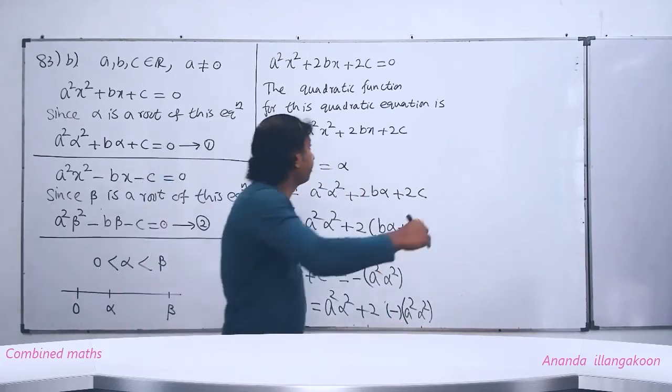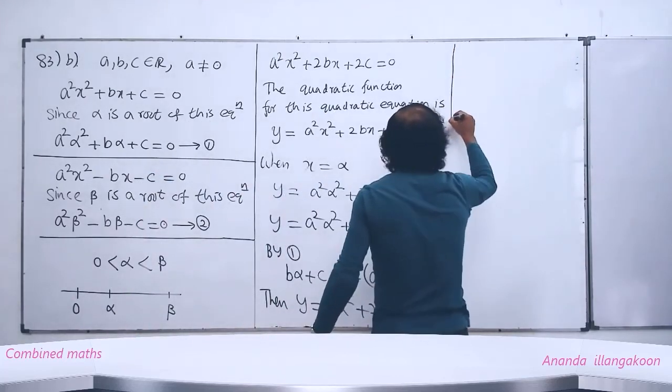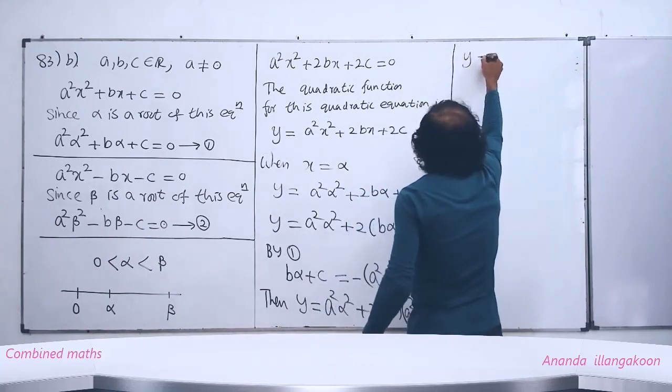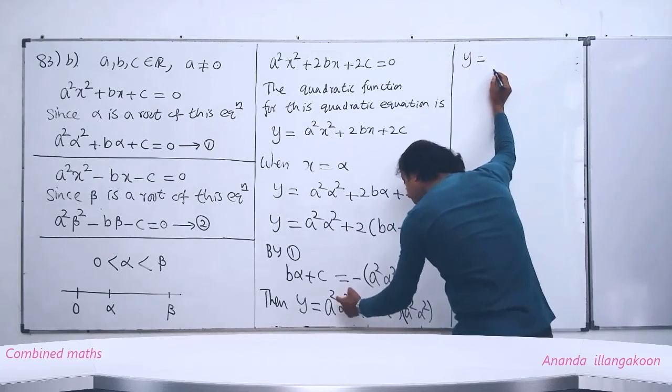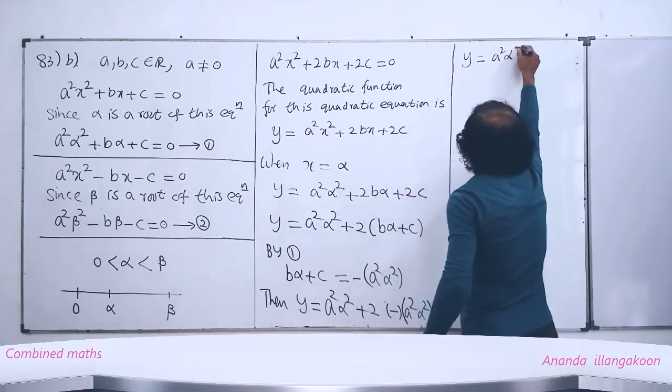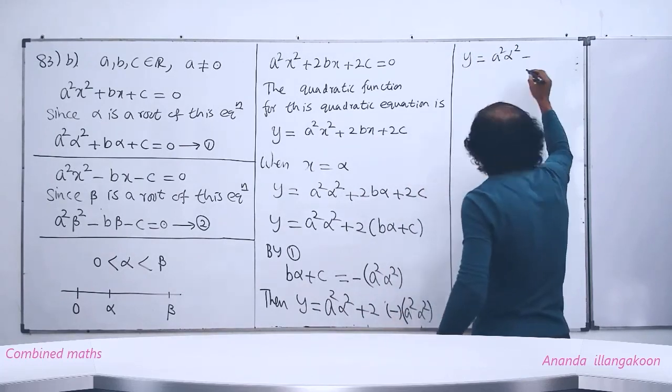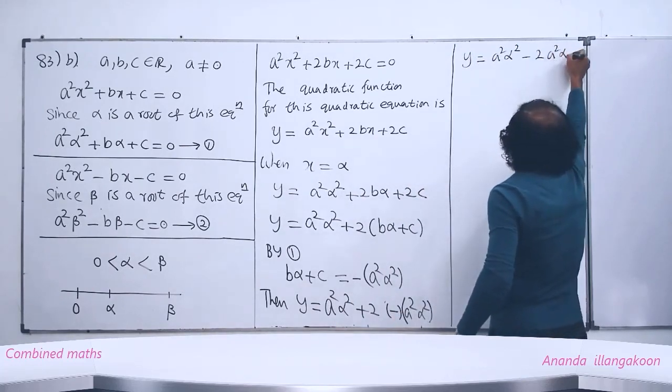Then what do you get? y is equal to a squared alpha squared, here plus and minus make minus, people, minus 2 a squared alpha squared.